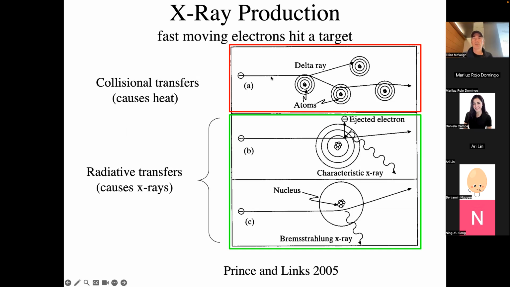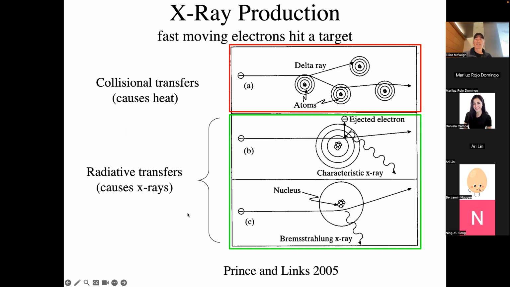And so what happens is you knock this electron this way, and this one collides with the electron and goes to this next atom, and the thing just happens over and over again. And this results in heat, right? It doesn't produce any photons or radiation. It's just electrons banging into each other, and you have a shower of electrons going through the material. And that just causes heat.